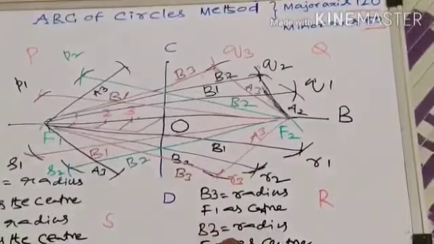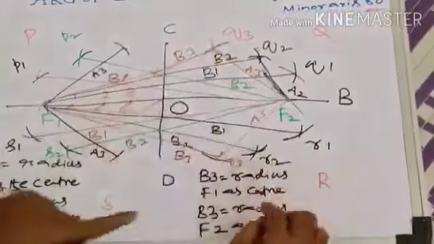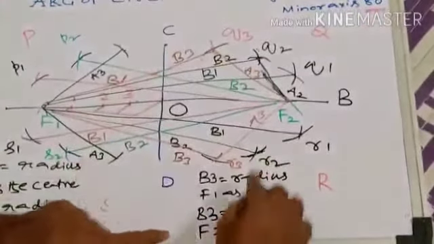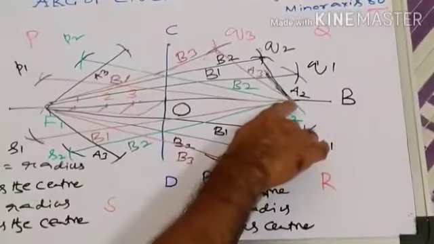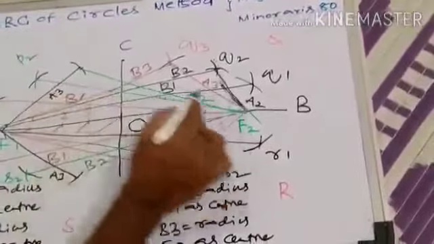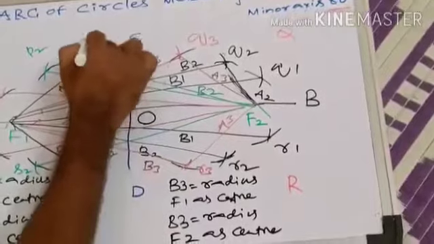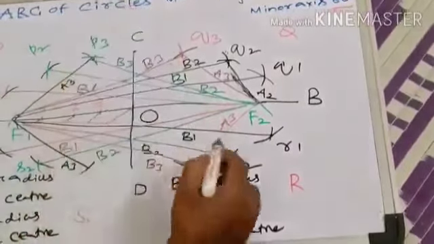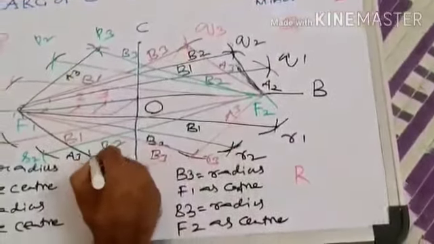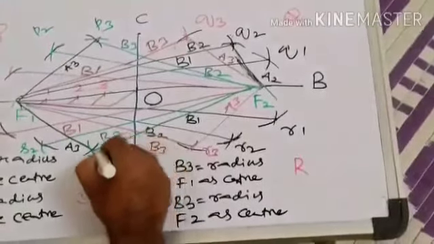Similarly, B3 is going to be radius, F1 as center, you did it. B3 as radius, F2 as a center. Now F2 as a center, this is going to be radius B3. This is P3. This is B3.